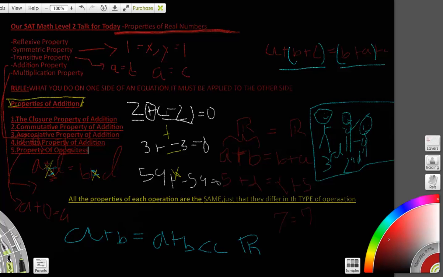It's because you're doing the opposite operation of what the original number is. So plus 2 and then minus 2 equals 0. Plus 3 minus 3 equals 0.